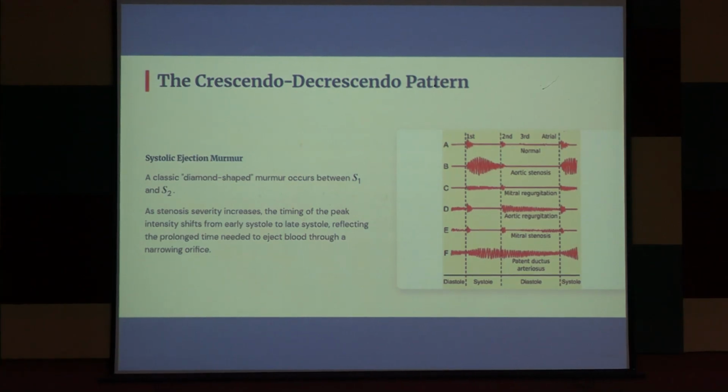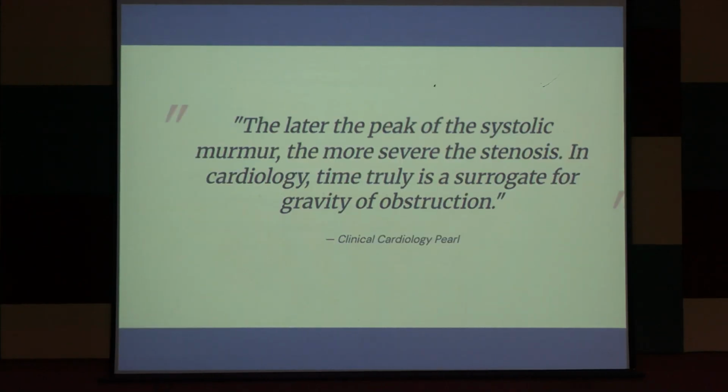As stenosis severity increases, the timing of the peak intensity shifts from early systole to late systole, reflecting the prolonged time needed to eject blood through a narrow orifice. The later the peak of the systolic murmur, the more severe the stenosis. In cardiology, time truly is a surrogate for gravity of obstruction.